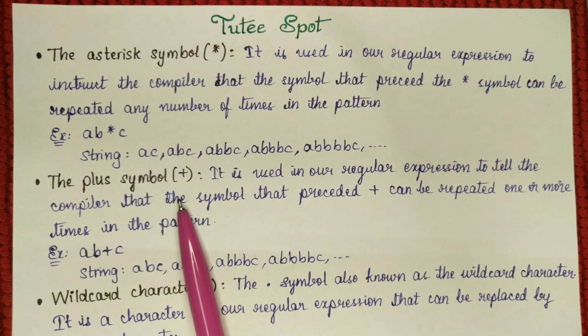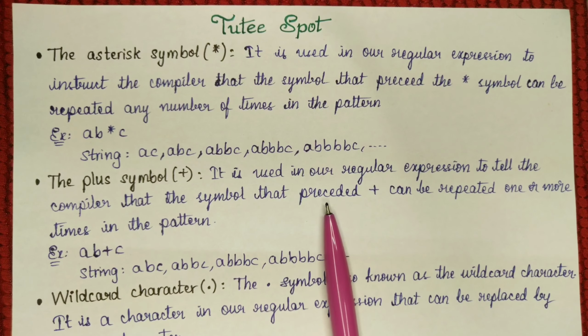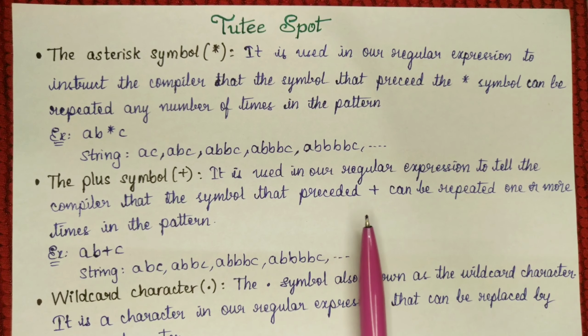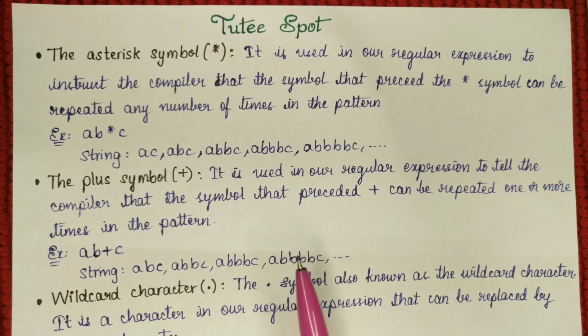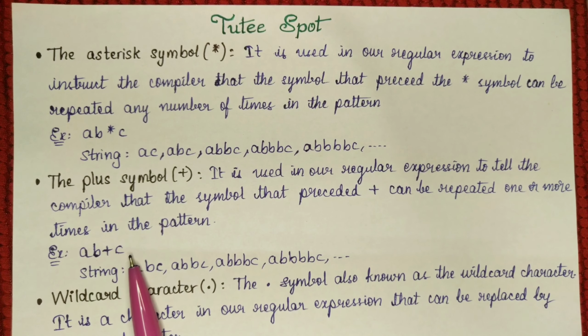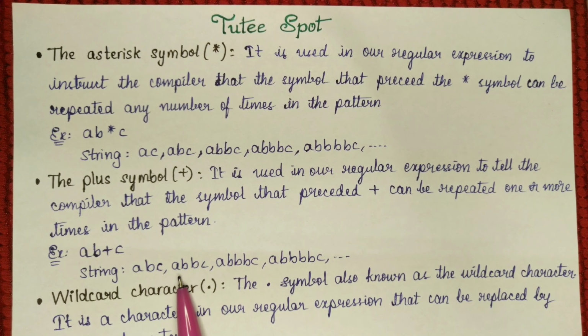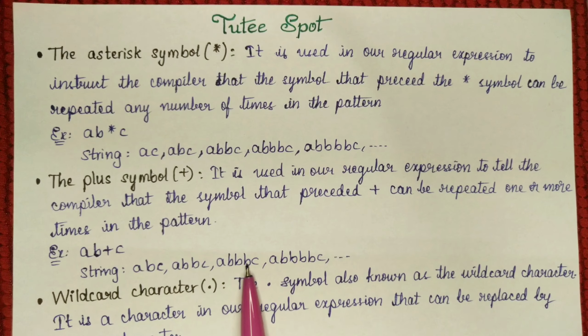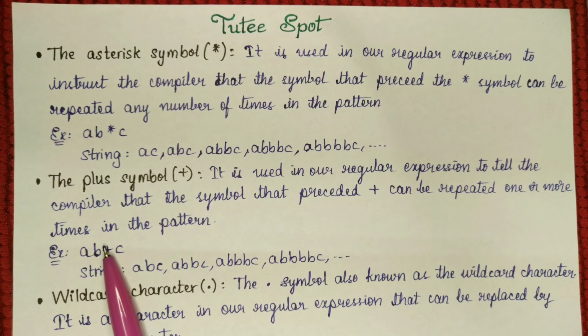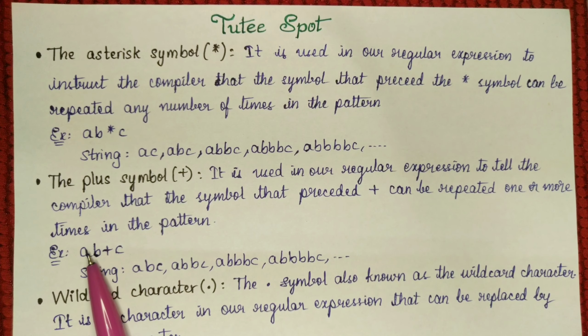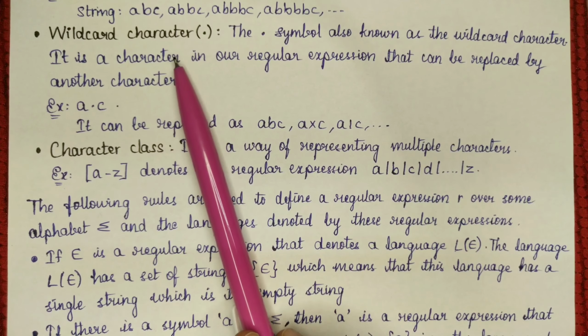Second is the plus symbol. It is the same as the previous asterisk symbol, but here the symbol has to be repeated at least once. For example, let's consider the same expression ab+c. Instead of the asterisk symbol, we are using plus here. Then it gives the strings abc, abbc, abbbc, likewise. That means this b has to be repeated at least one time. Third is the wildcard character.